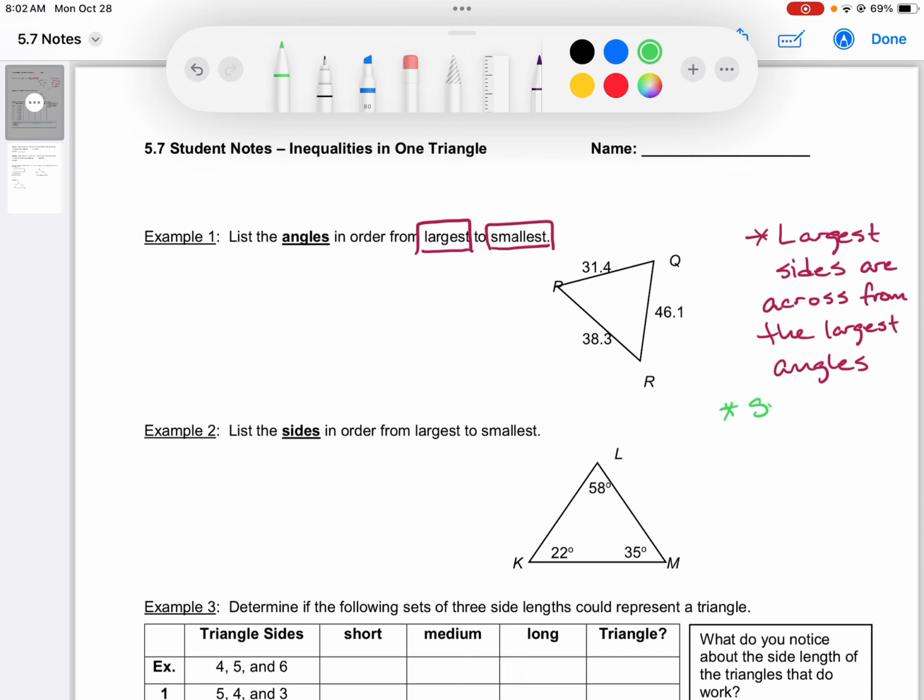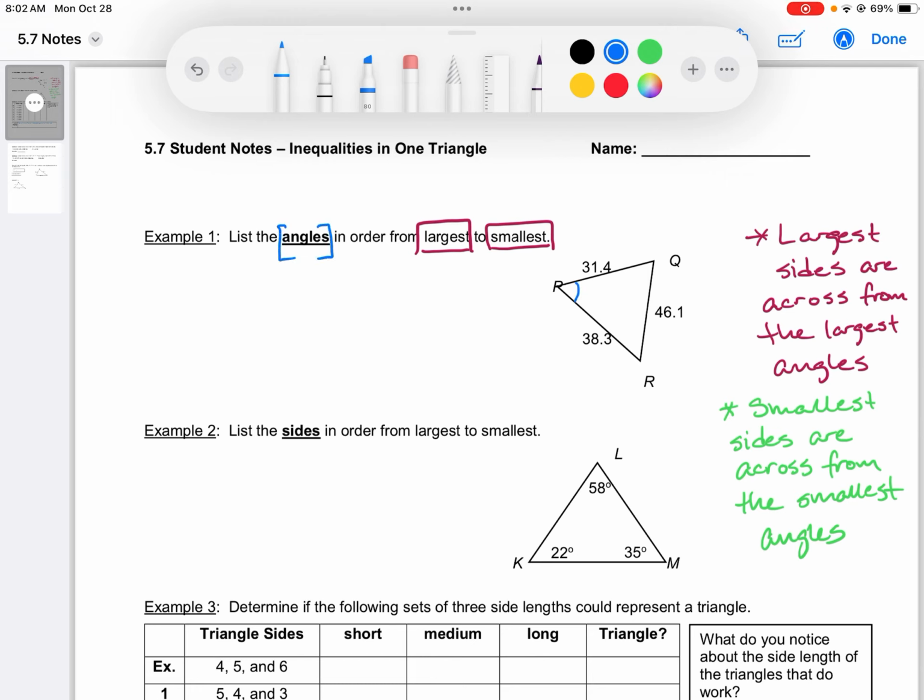And then you could also say the smallest sides are across from the smallest angles.